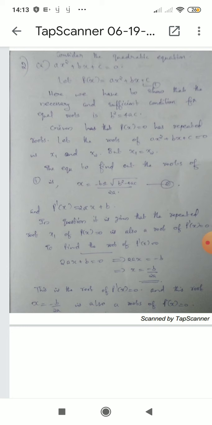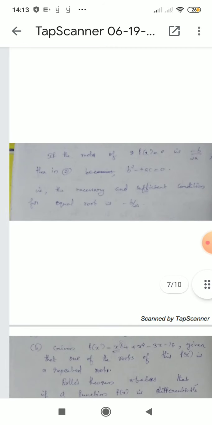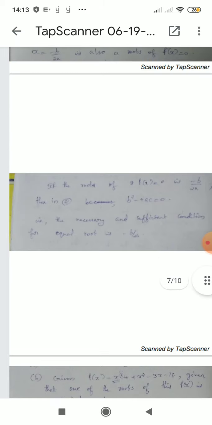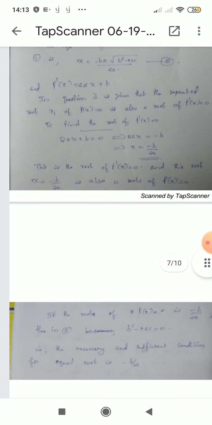According to our second hint, this root of f dash of x becomes one of the roots of f of x equal to 0. And what is f of x equal to 0? ax square plus bx plus c equal to 0. So, we finally get our conclusion.